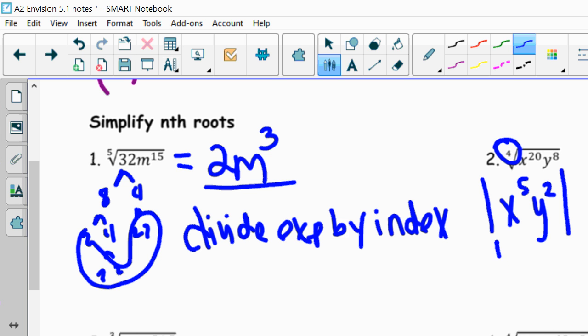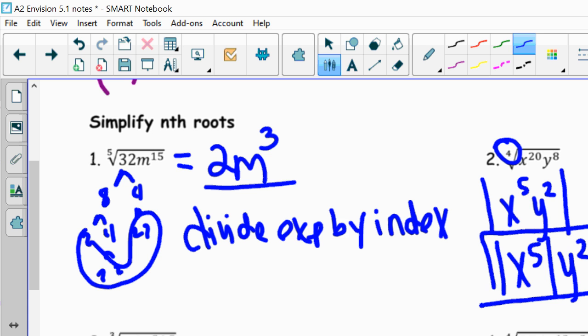So my answer is going to be absolute value of x to the 5th, y squared on the outside. Again, because x to the 5th, the exponent is odd, so I could have a negative number there, but the original exponent in the problem was raised to the 20th power, which means it has to be positive. So that's why I need the absolute value sign. Again, y squared doesn't need to be in the absolute value because it's always going to give me a positive number when I square it.